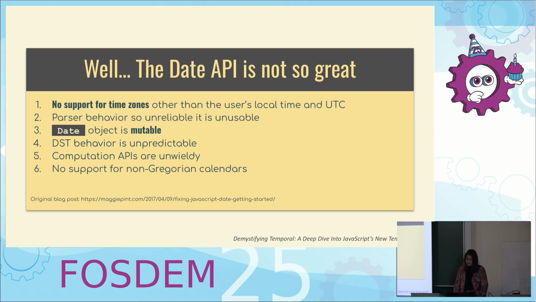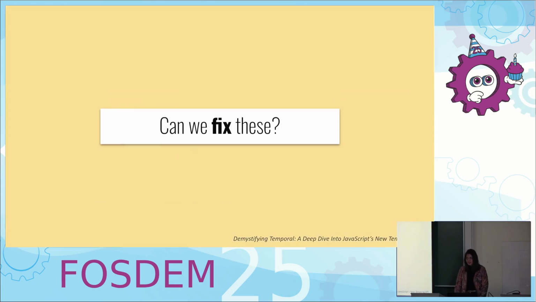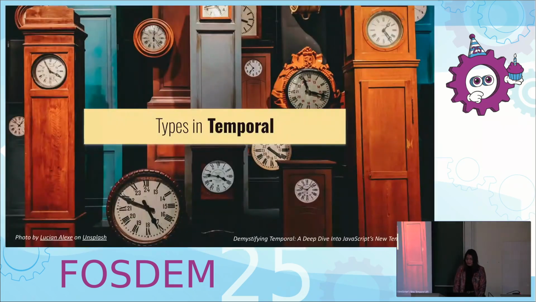The DST behavior is unpredictable, the computation APIs are weird, and there's no support for non-Gregorian calendars. Okay, so let's think about it. Can we fix them? Well, a few things like the computation APIs being weird can be fixed, but other stuff like mutability cannot be fixed because there's so much code out there that already relies on this, so we would break the web.